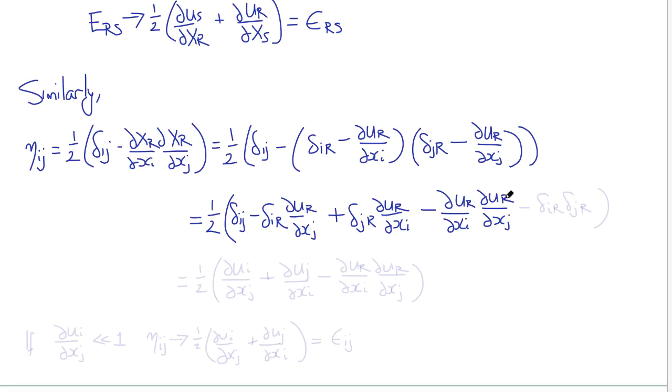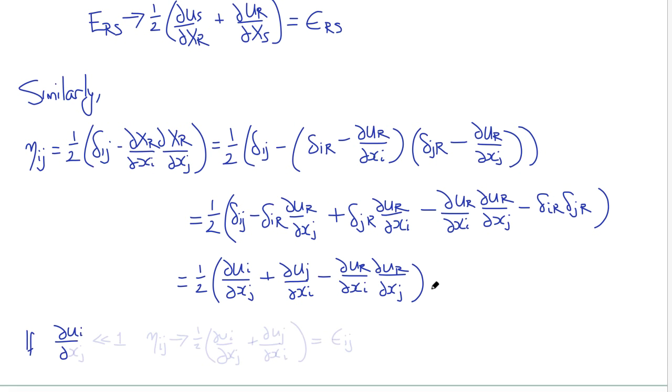Notice this time the sum is over the undeformed coordinate index, minus the product δ_ir δ_jr, which again is δ_ij, which cancels with the δ_ij here, leaving us with the three terms. ∂u_r/∂x_j becomes ∂u_i/∂x_j, ∂u_r/∂x_i becomes ∂u_j/∂x_i, minus ∂u_r/∂x_i ∂u_r/∂x_j.